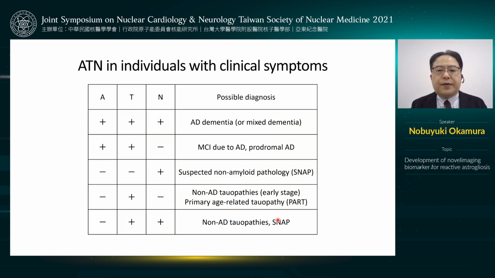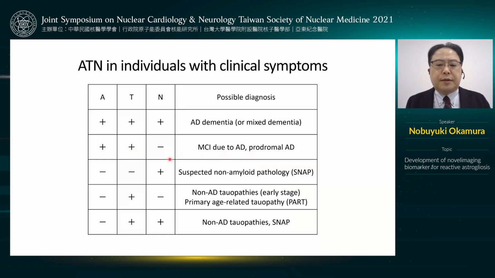The ATN classification is not intended for routine clinical practice. However, it will help to understand the underlying pathological changes in each patient. If your patient has memory impairment and both A and T biomarkers are positive, their clinical symptoms are caused by AD pathology.